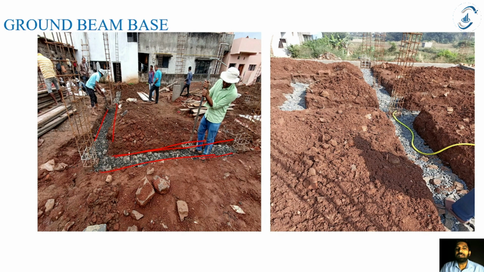I'm just focusing on the major structural components and how to model them. Once we cast a pedestal column, we do the backfilling. We place one layer of PCC or cement mortar or gravel, and we place the plinth beam over this.